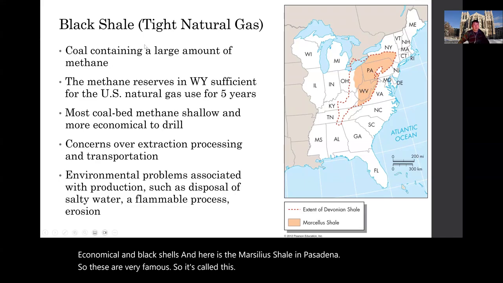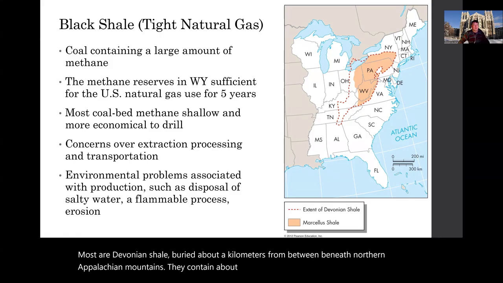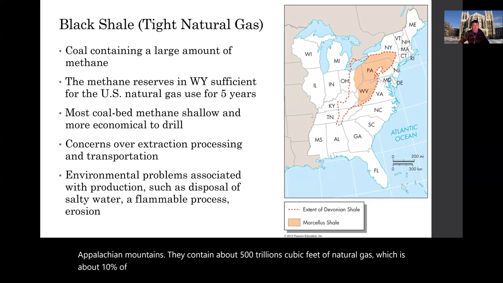These are called black shale. Most are Devonian shale, buried about kilometers beneath the northern Appalachian Mountains. They contain about 500 trillion cubic feet of natural gas, which is about 10% of potential resources.